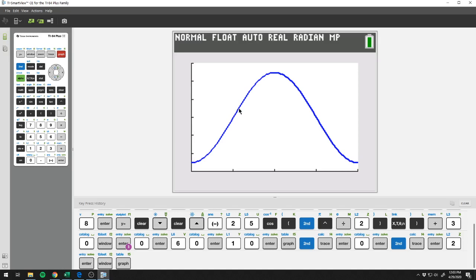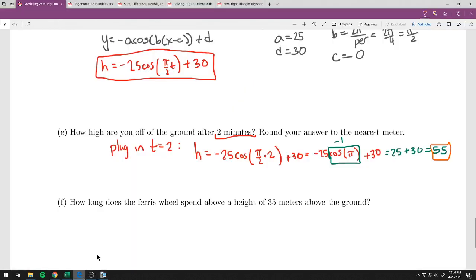So after some time, whatever this time value is, we're going to start to be above the height of 35. And then when we get back on this side, we're also going to drop below 35. So what it's asking us to do is to find our two solutions. Just like we did back in 2.3, we find our two solutions. Once we find those numbers, we'll subtract the two answers.